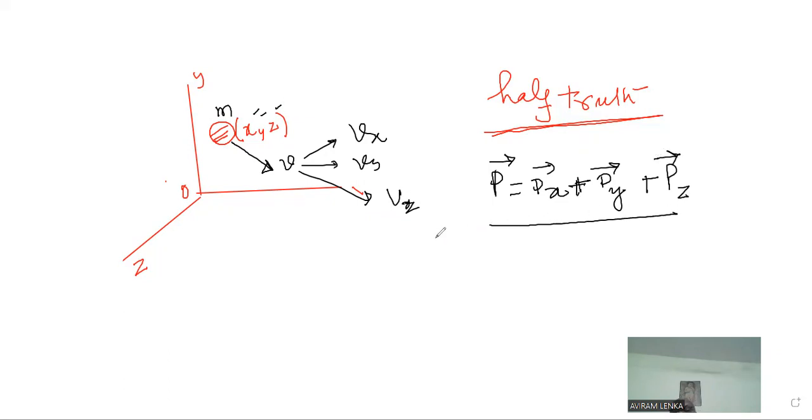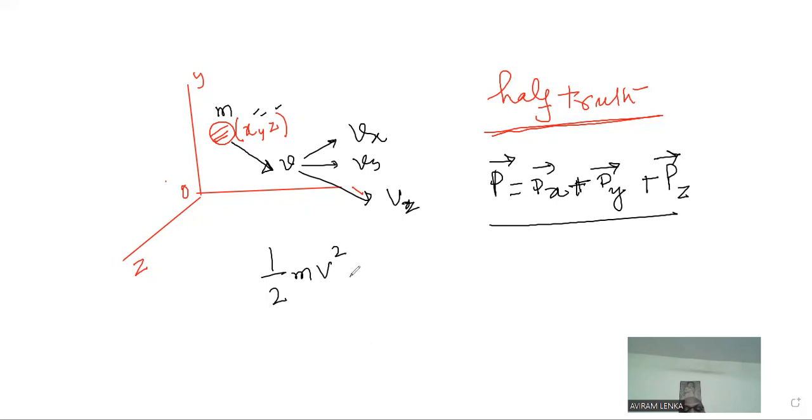Similarly, the position vector can be written as r = x i-cap + y j-cap + z k-cap.